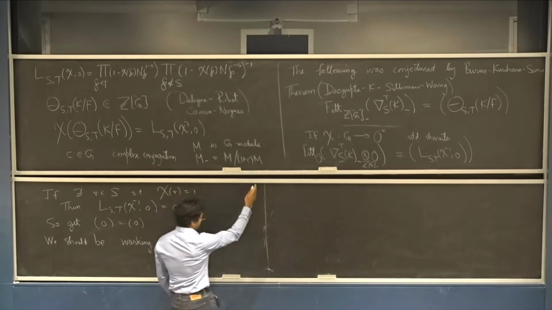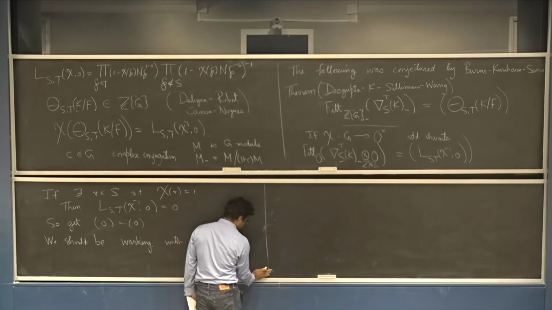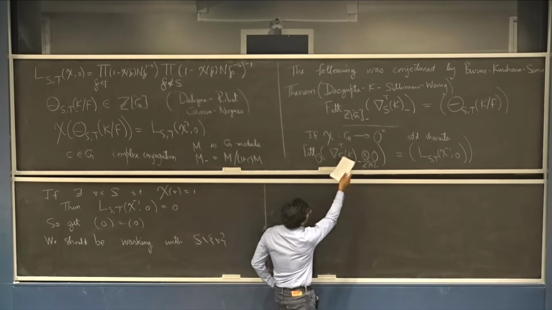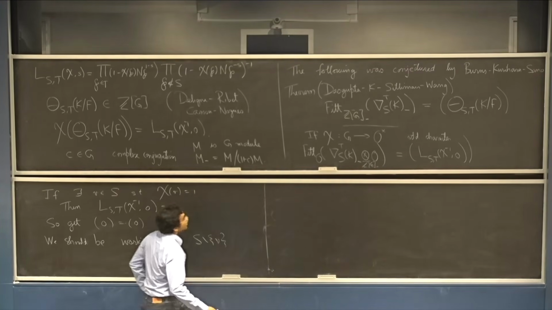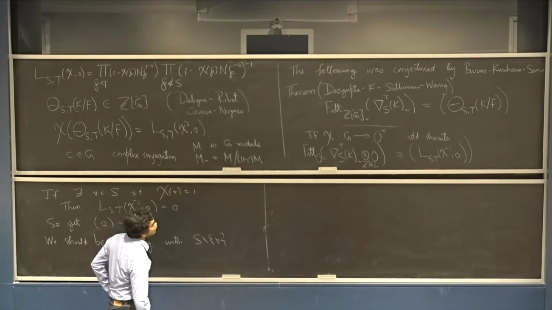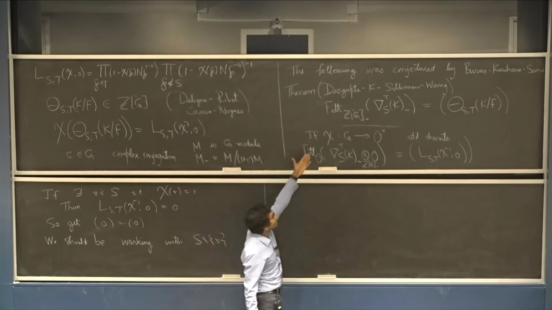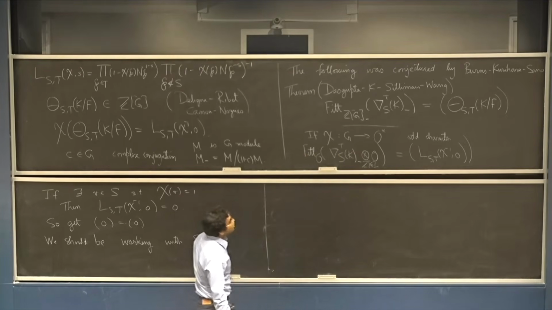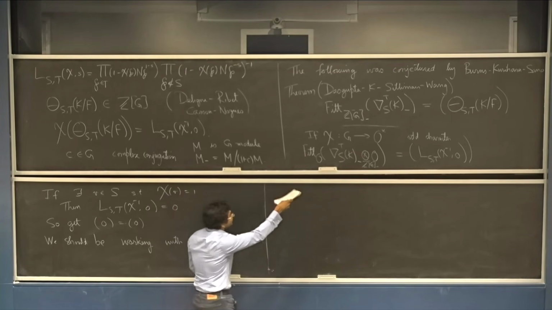It comes from the construction of this Ritter-Weiss module that the Fitting ideal is principal. So the method that we have won't work otherwise. If we don't know that the Fitting ideal of this module is principal, we can't.